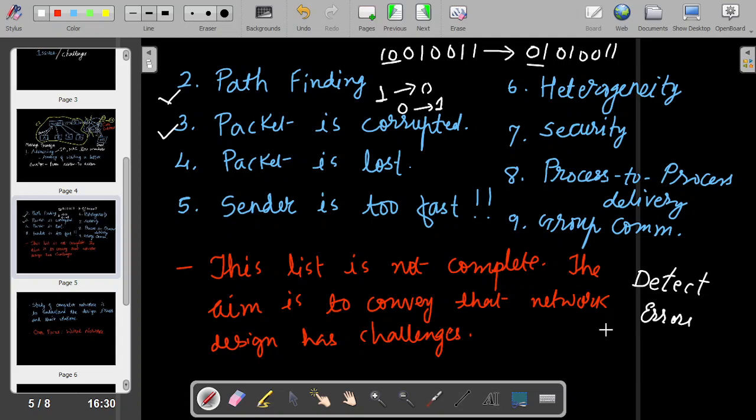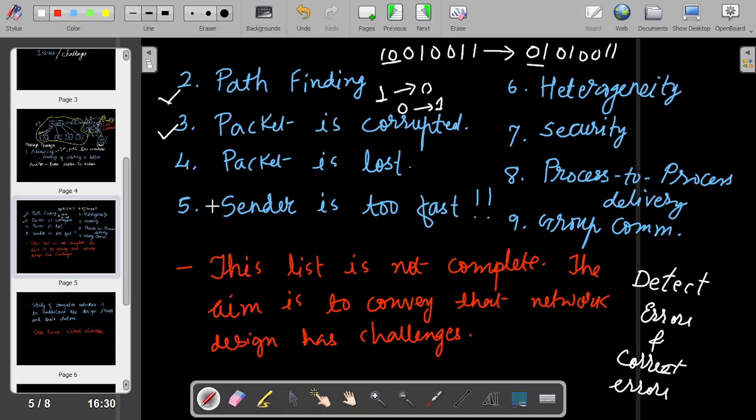There are certain methods to verify the integrity of the packet. Suppose errors are detected, then the machine should try to correct those errors. So detect and correct the errors. The challenge is how do we detect errors and how do we correct the errors? There are methods and protocols available.